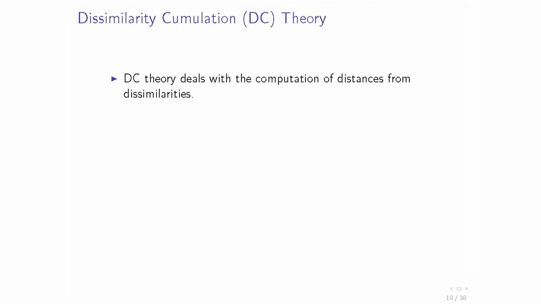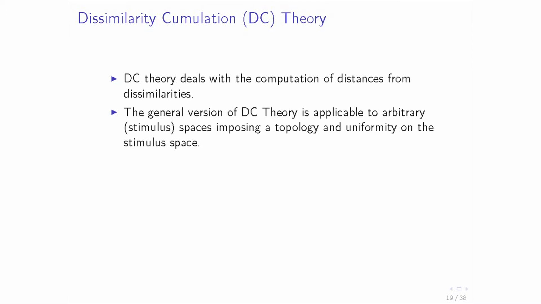It deals with the computation of distances from dissimilarities, and it is in fact applicable to arbitrary stimulus spaces, imposing a topology and a uniformity on the stimulus space. So we are still in the situation where we do not need anything else from the stimulus set than the labels. So we don't need a physical dimension to define the stimuli.